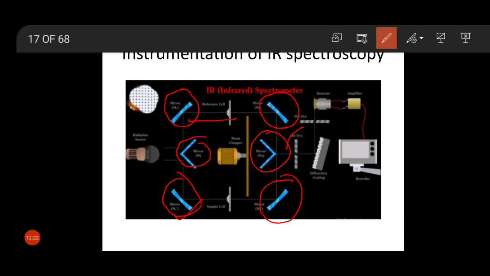Here there is a slit. Then it goes to the diffraction grating. The grating will diffract the radiation, so resolution will be improved, and this diffracted radiation will be passed through slit S2.